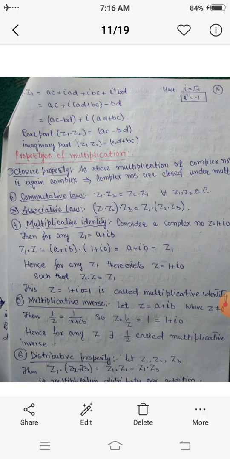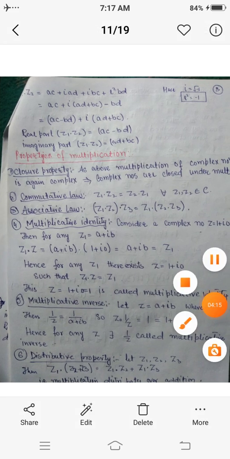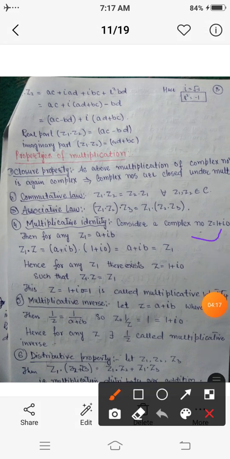Now the multiplicative identity. Identity under a given operation means that element from the set which after operating does not affect or alter the behavior of a number. Here, for the multiplicative identity, consider the complex number z equals 1 plus iota 0, that is the complex number whose real part is 1 while its imaginary part is 0.